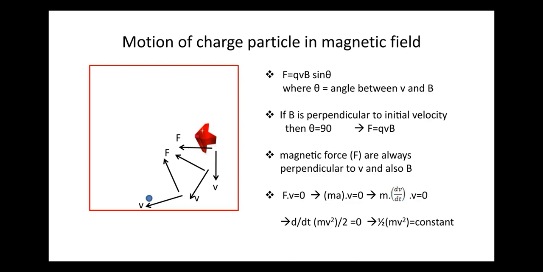That means the particle is moving in a circular manner. So if a particle enters a magnetic field perpendicularly, it follows a circular path.